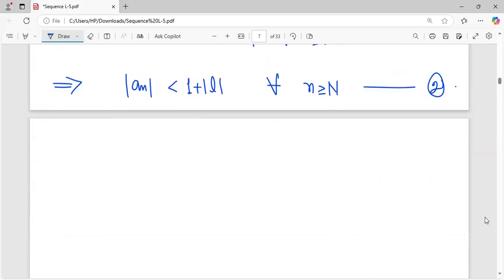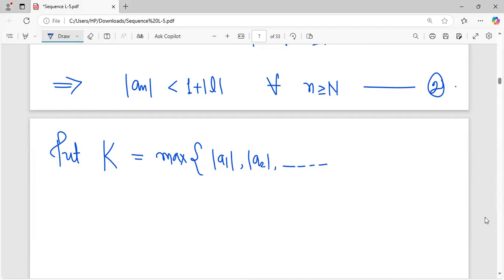Now put K equal to the maximum of the first term, second term, up to the (N-1)th term, and this one, 1 plus |L|.